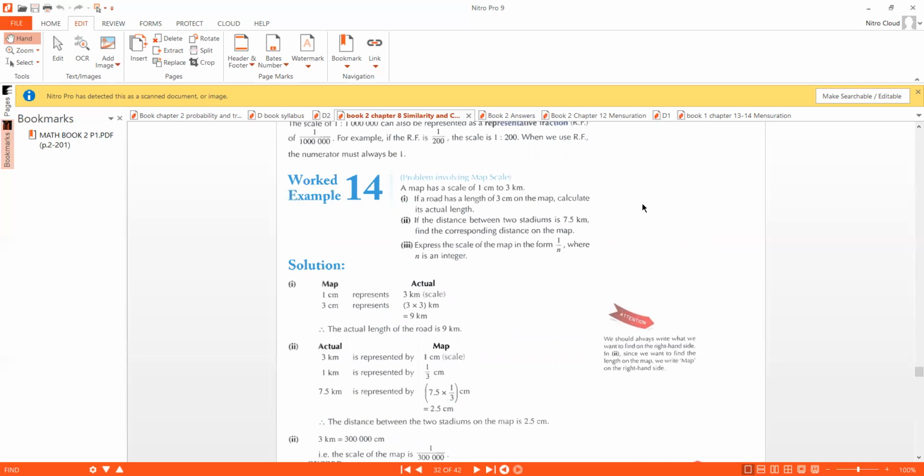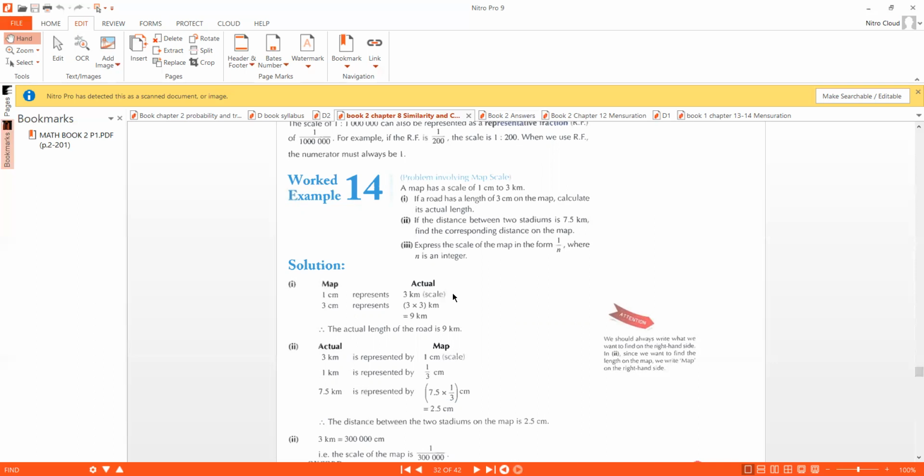Any issue? No. Fine. Actually, the only issue is when they're different values, like 3 centimeters to a kilometer or something. It doesn't matter. If the scale is mentioned over here, for example, 1 centimeter represents 3 kilometers, you have to use the scale, and you have already done that before in today's lecture.